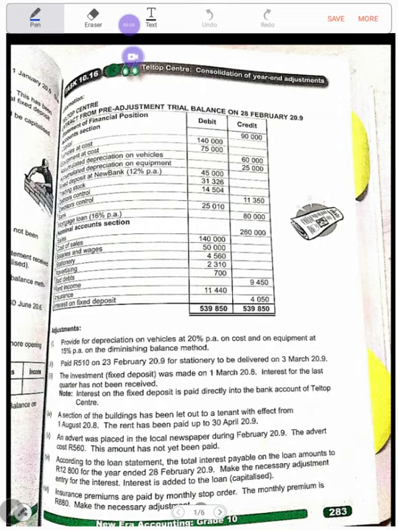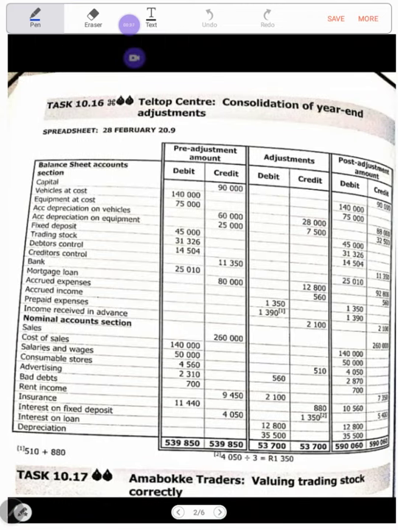We are working from a pre-adjustment trial balance and we have to work out the adjustments to get the realistic figures. So this is what your answers will look like and we're going to go through that.